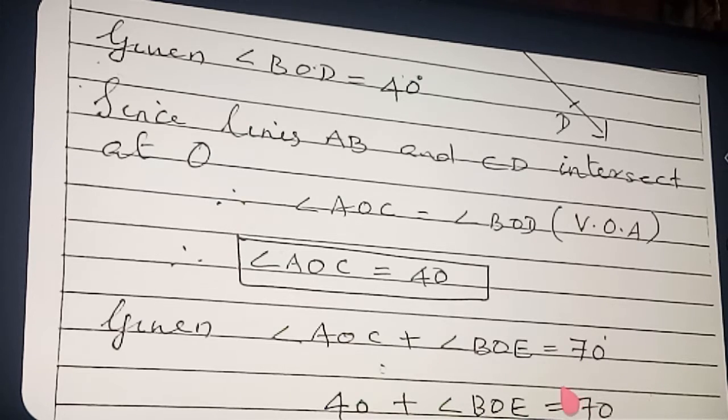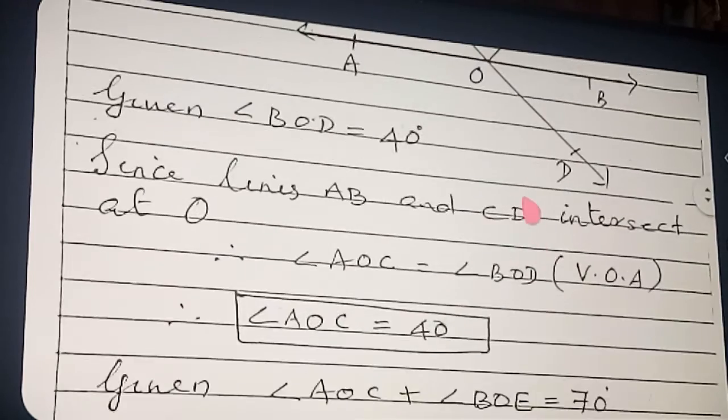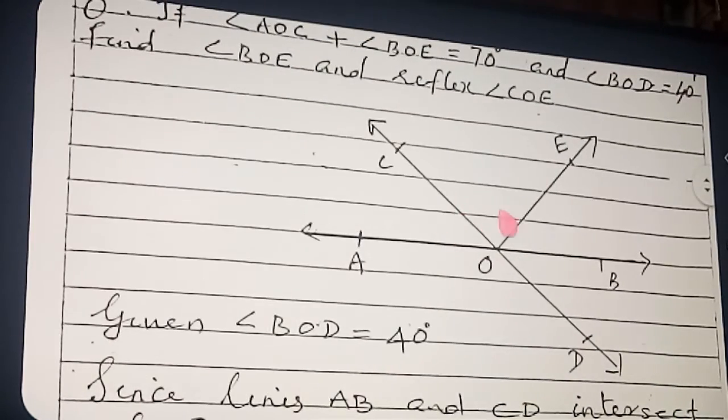Therefore, angle BOE is equal to 70 minus 40, which is 30. So BOE got 30. Is it clear? First step, AOC found; from AOC you found BOE.